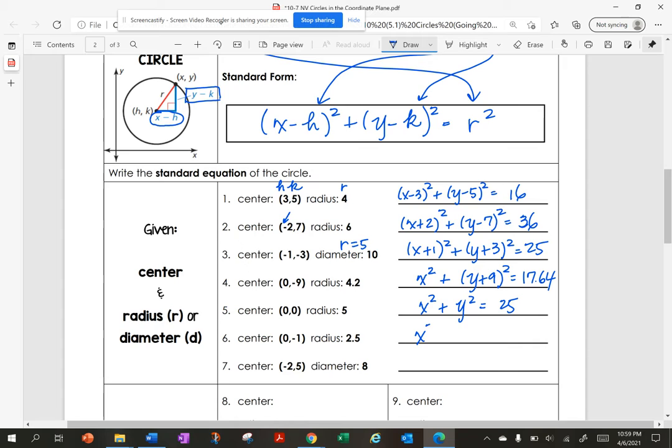This is going to be x squared plus y plus 1 quantity squared. 2.5 squared is 6.25. And again, I have the diameter, so my radius is half of the diameter, so radius is 4. So this is going to be x plus 2 quantity squared plus y minus 5 quantity squared equals 4 times 4 is 16.